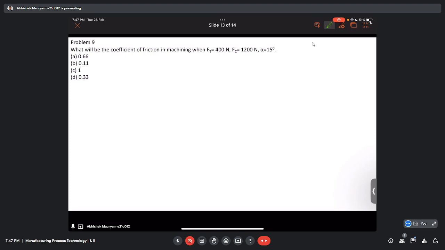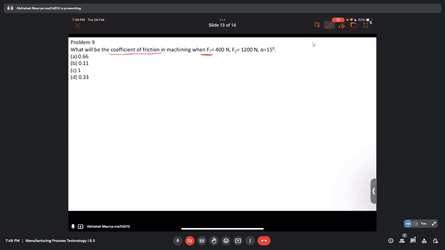Okay, so let's try to understand the problem, what is being asked, and how to approach it. First thing, what has been asked: what will be the coefficient of friction in machining. And what are the values we are given?